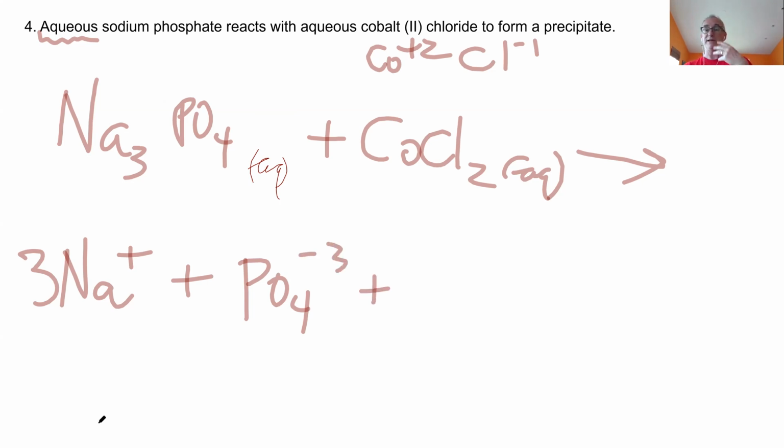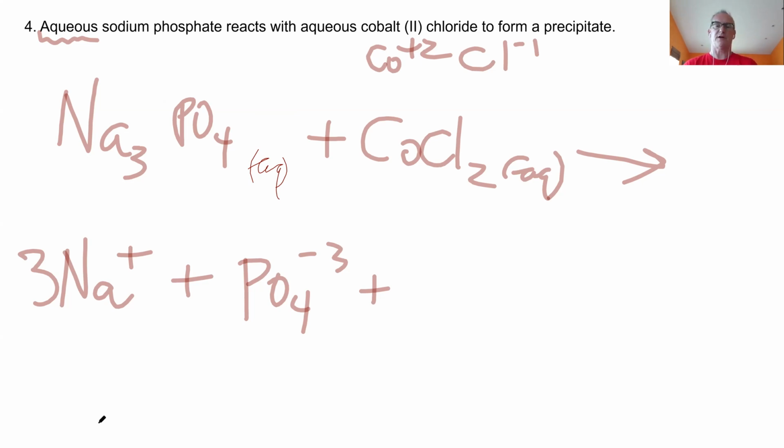And when we dissolve cobalt chloride in solution, that completely ionizes because that's what solution means. And what ions do I get from cobalt chloride? Cobalt ion. Which one though? Remember, cobalt's a transition metal. It can be a lot of different ions. What is it this time? Cobalt 2 ion.